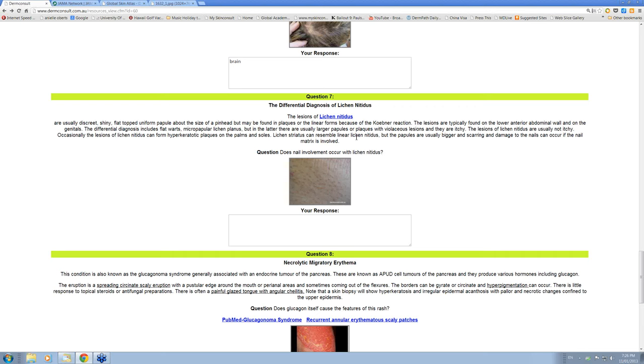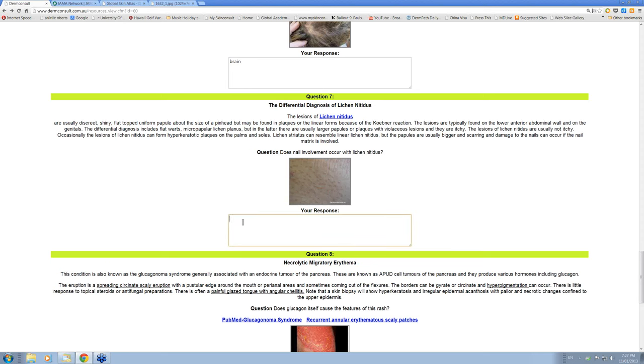Lichen striatus can resemble linear lichen planus. That's true, the papules are usually bigger. Scarring and damage to the nails can occur if the nail matrix is involved. I think lichen striatus, if it does involve the nail matrix, is more likely to cause scarring and damage to the nail than lichen nitidus. Does nail involvement occur with lichen nitidus?